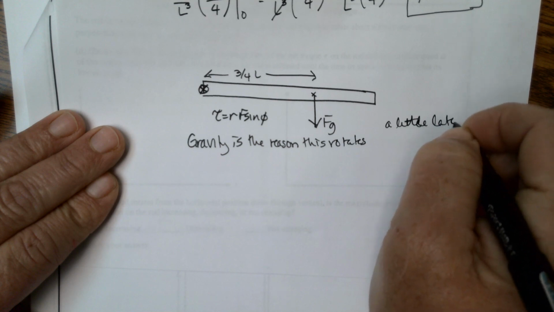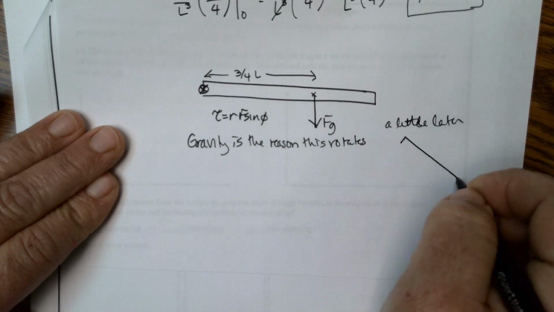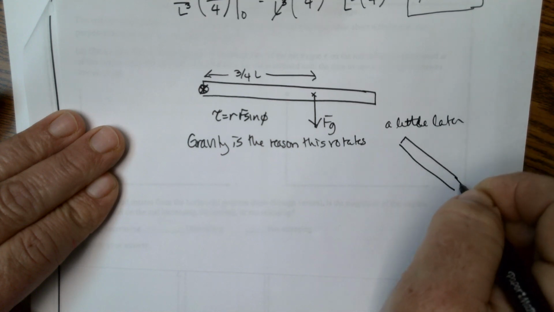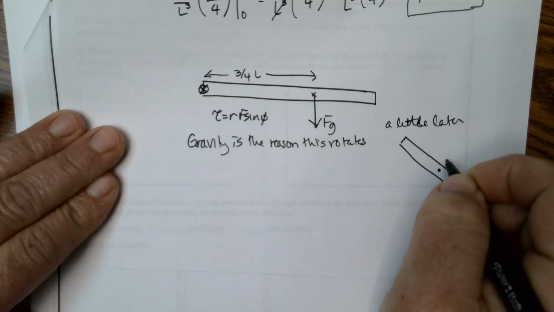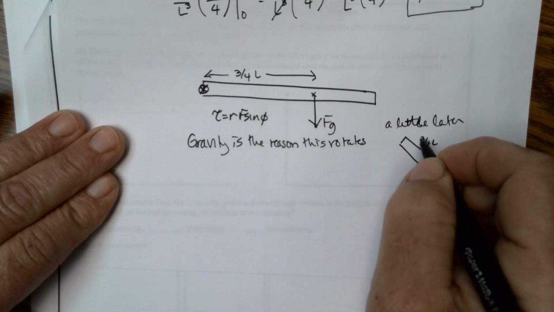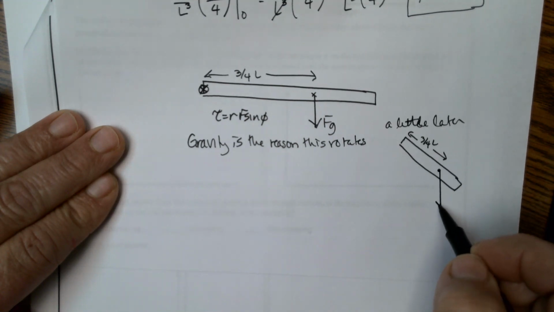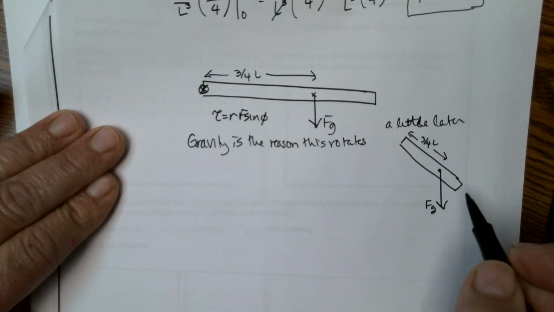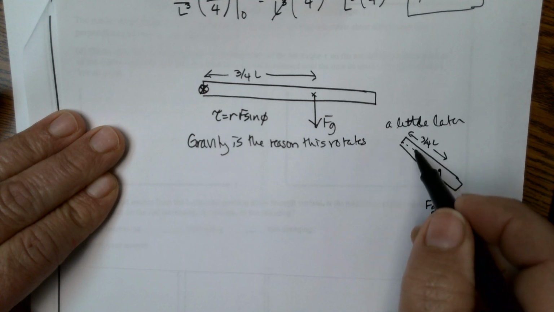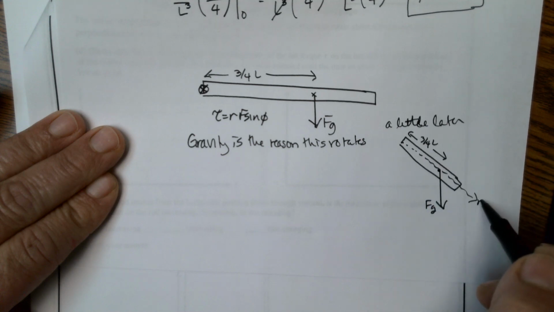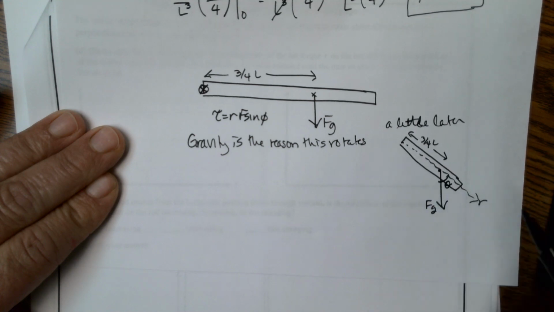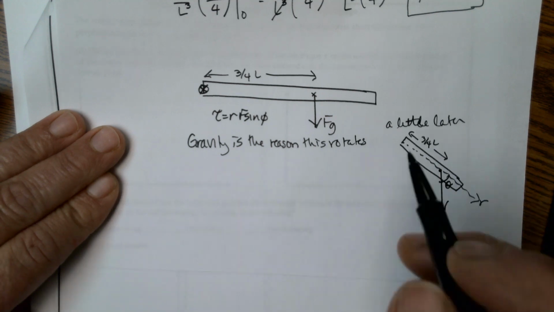So a little later in the game, here we are at 3/4 L. Gravity's acting like this. But what happens to the angle? Well, R would be like this, so that angle is going to get smaller.